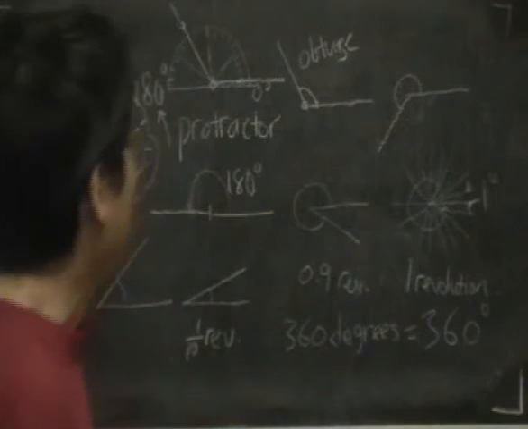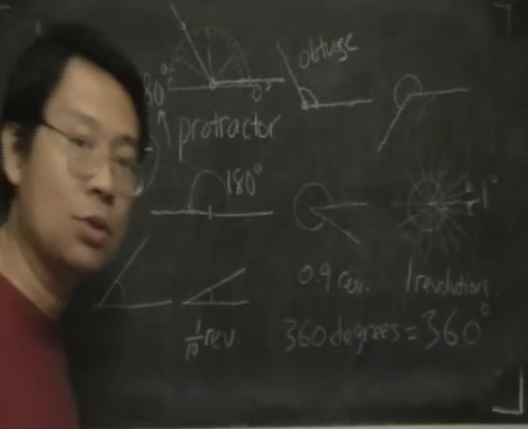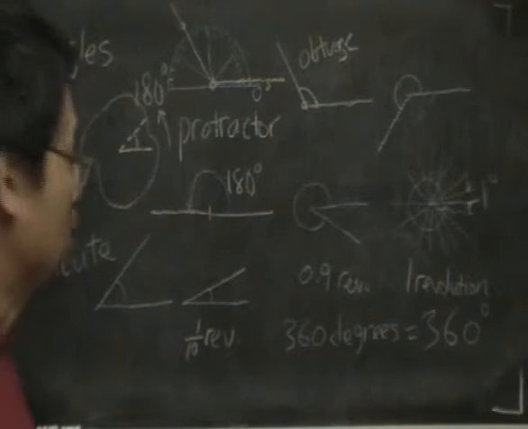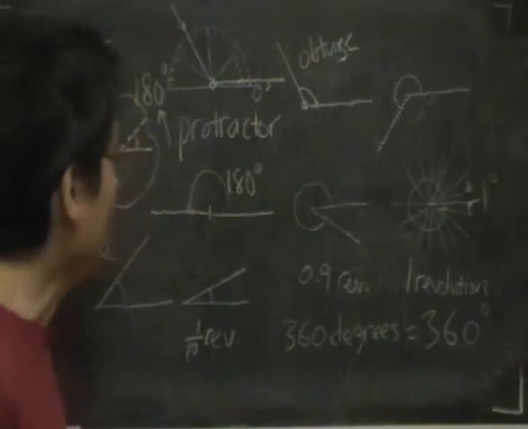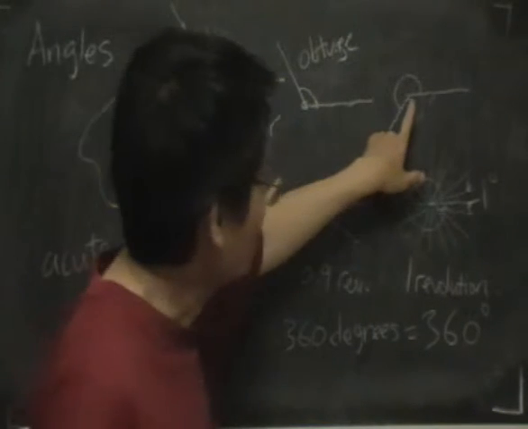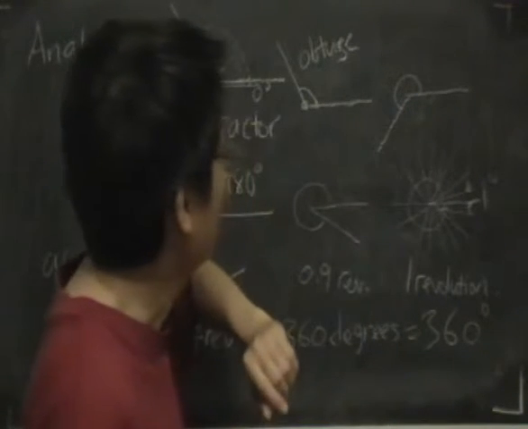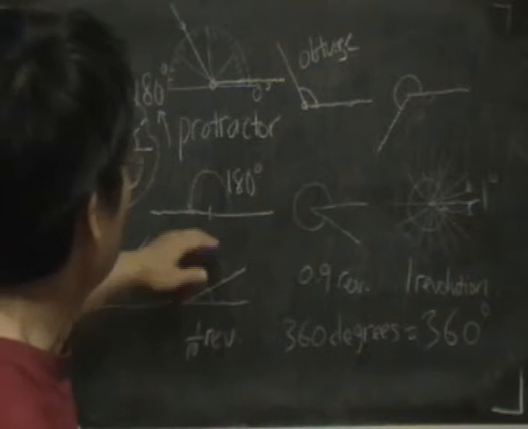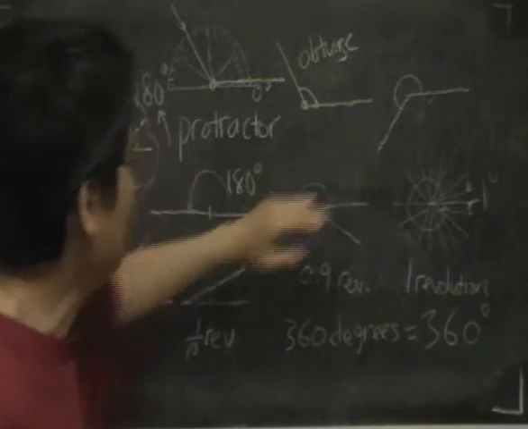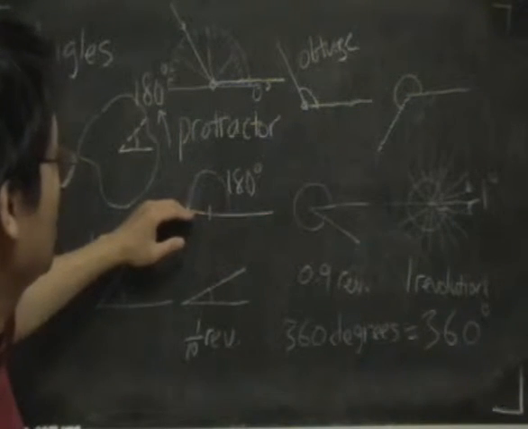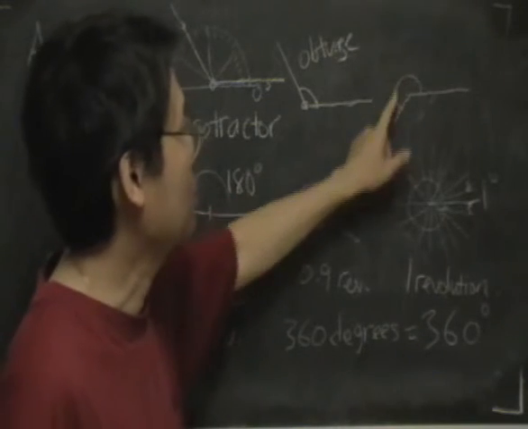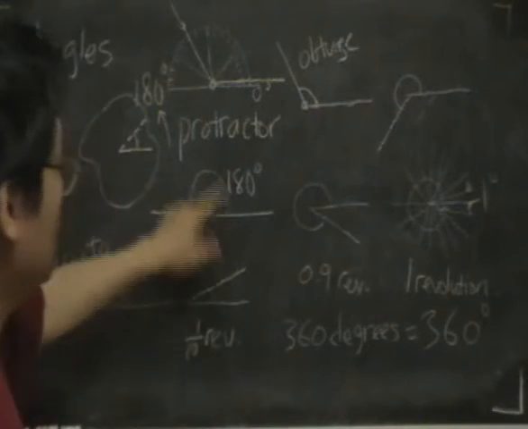Okay, and this angle, 180 degrees, some people might call it the straight line angle. Now that angle, if you compare it with the straight line, you can see that it is more than 180 degrees.